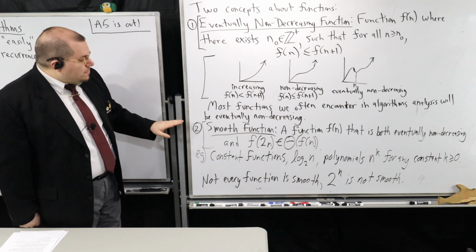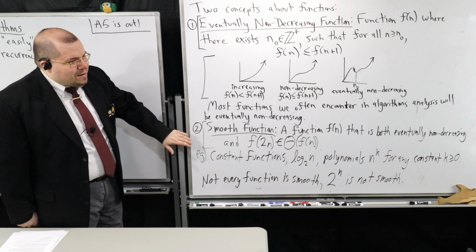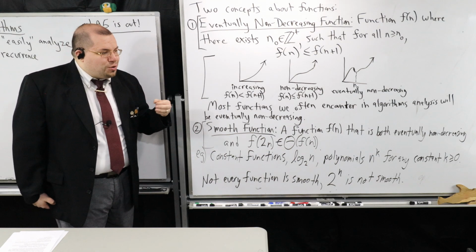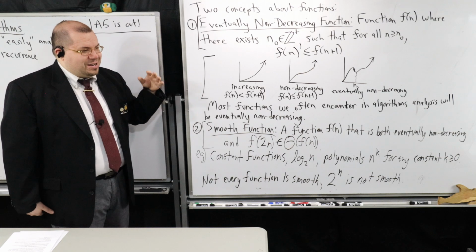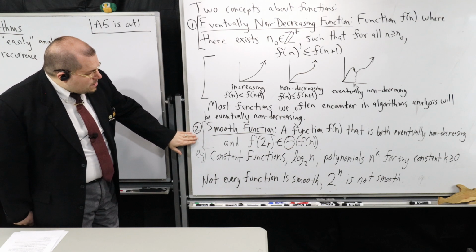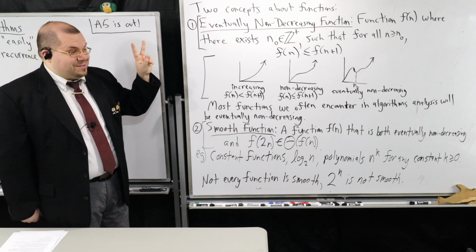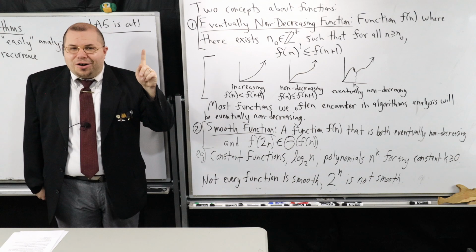The second one is this idea of a smooth function. I must stress that some people have different definitions for what a smooth function is. This is the one that's often used in algorithm analysis. I give you a function, and it satisfies two properties. The first property is that it's eventually non-decreasing.